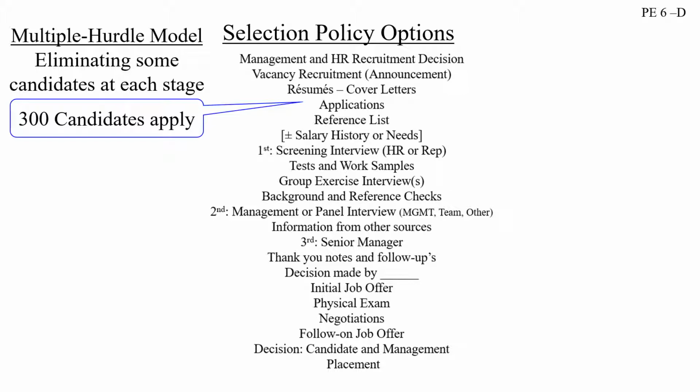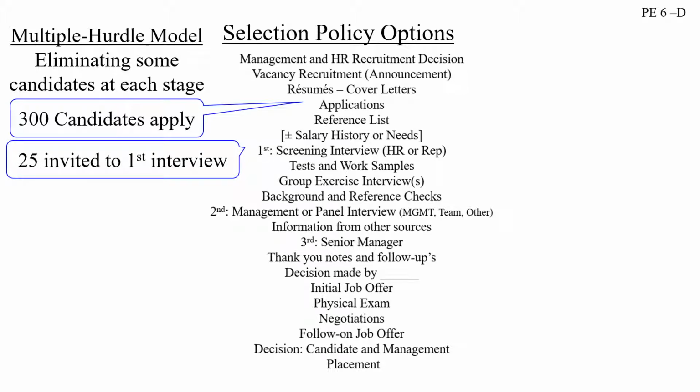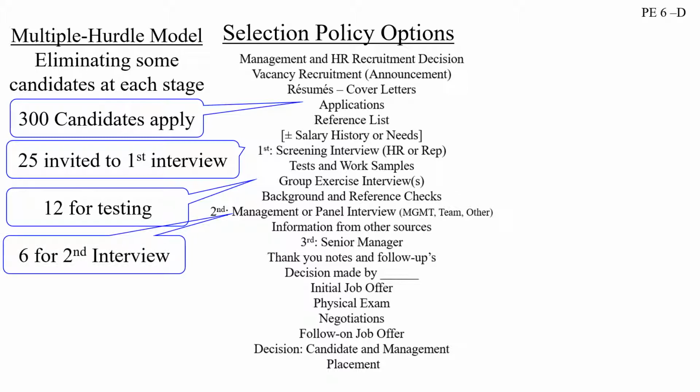For instance, let's say 300 candidates apply, and we run through the resumes and cover letters, and we whittle that 300 down to 25. These 25 of the 300 are invited to the first interview. After the first interview, 12 of the 25 are invited back for testing. And of the 12 we tested, 6 are invited to the second interview.